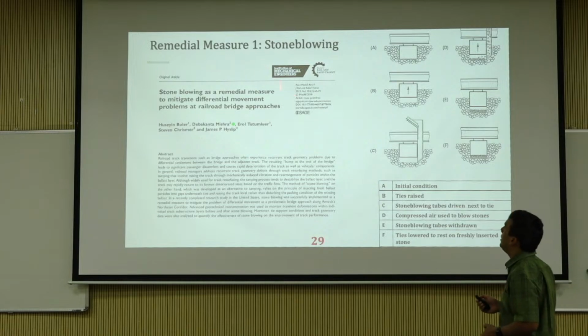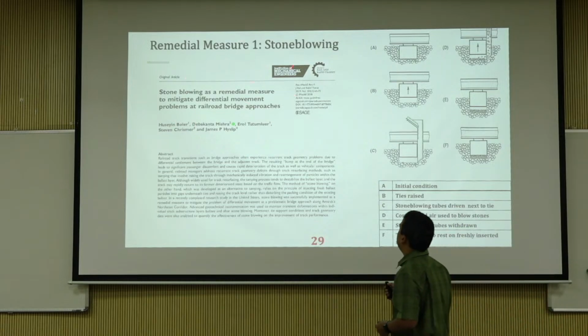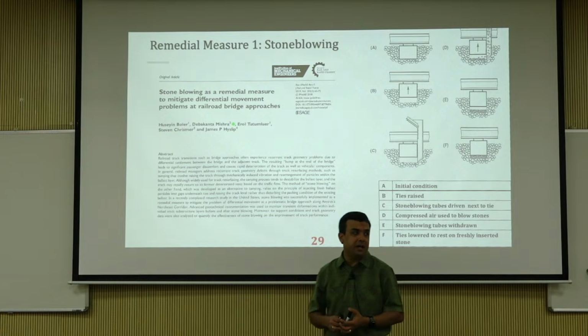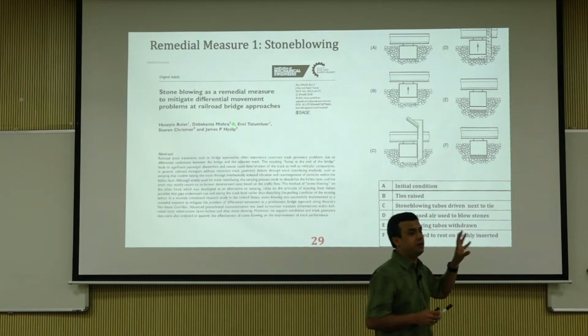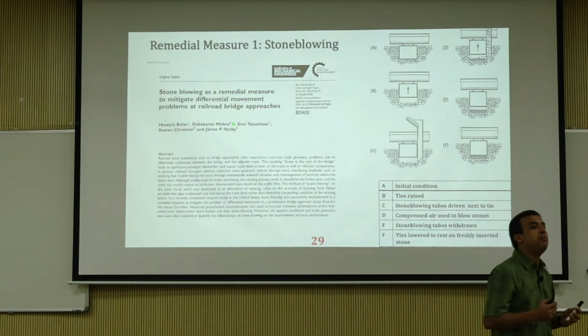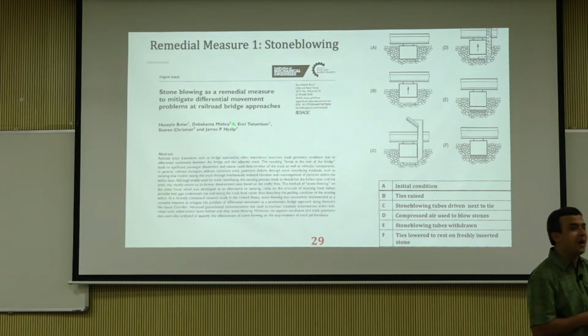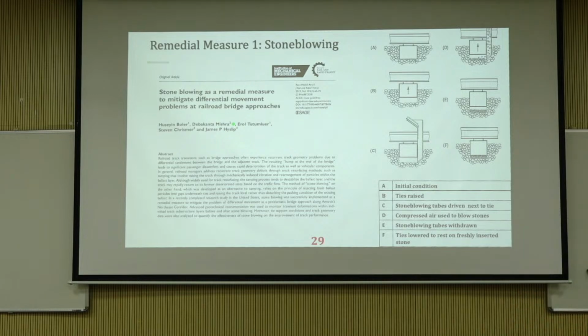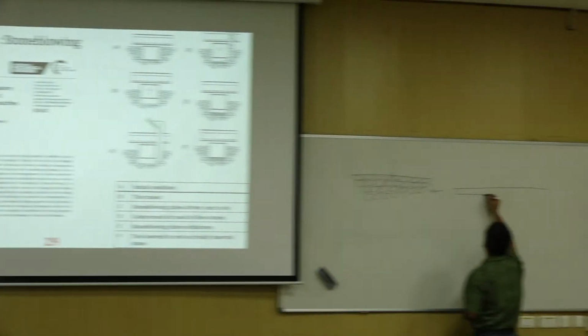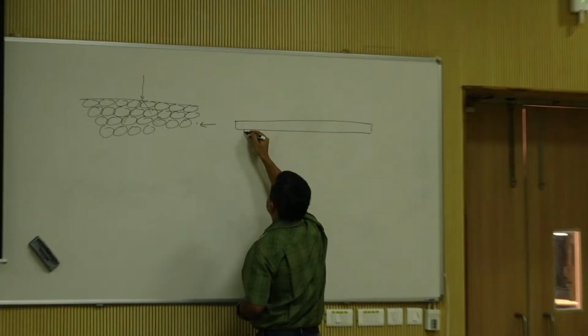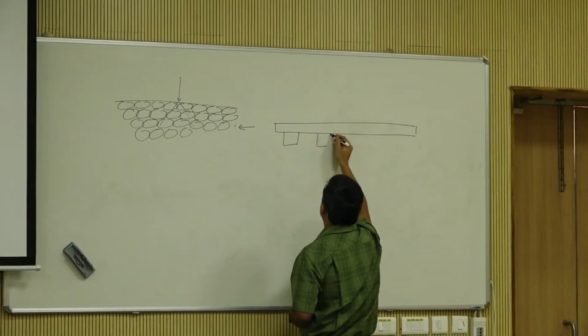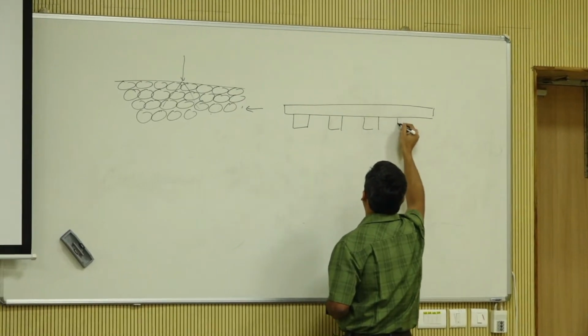So then we said there is a remedial measure. This is again pure railroad introduction to you. It's called stone blowing. What is stone blowing? If you look at the track, this is the rail, and these are cross ties or sleepers, whatever you want to call it.